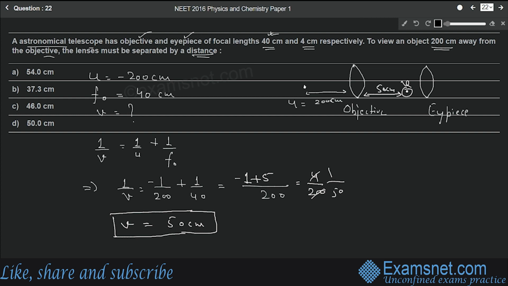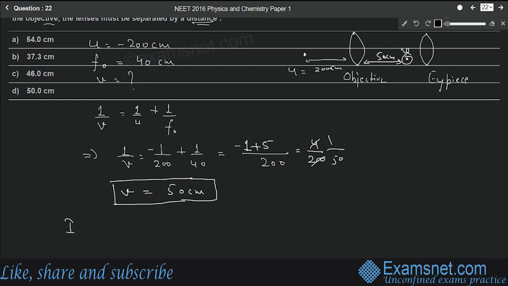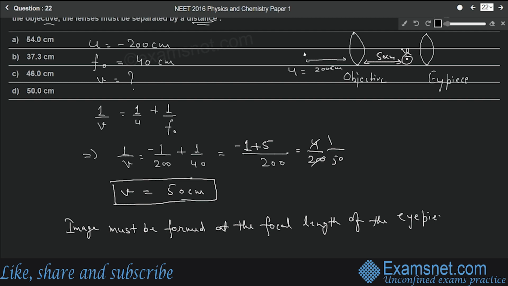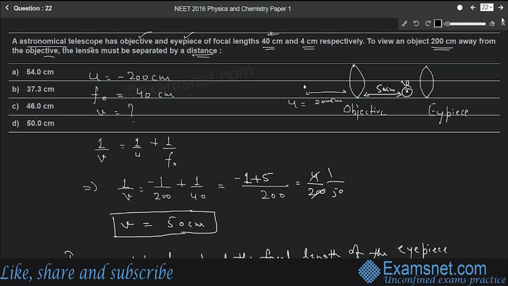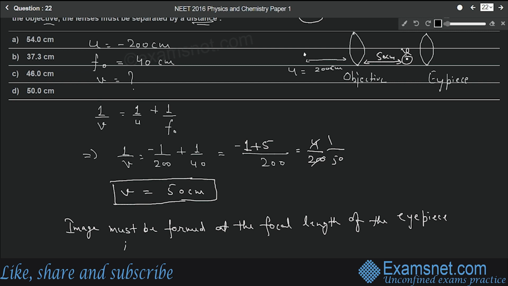Now we know that the image must be formed at the focal length of the eyepiece. So this image should be 4 centimeter away from the eyepiece, because the focal length of the eyepiece is 4 centimeter.